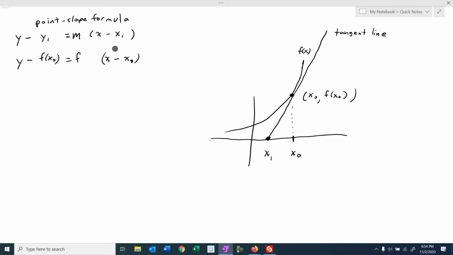That's just the derivative evaluated at x sub 0. Okay, so that gives us the equation of this tangent line at this particular point, at x sub 0.